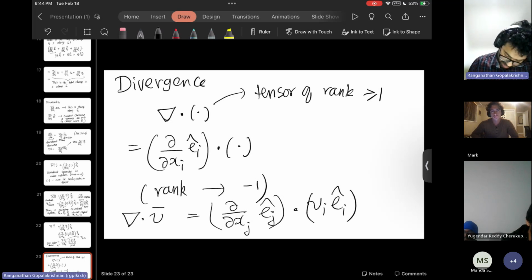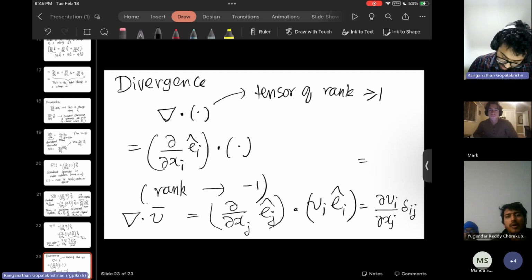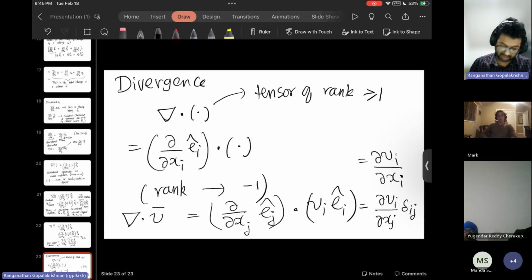So this is clearly partial Vi, partial Xj, and then I have Ej dot Ei, which I'll write delta Ij or delta Ji, however you want to call it. Which of course is like writing partial Vi over partial Xi.